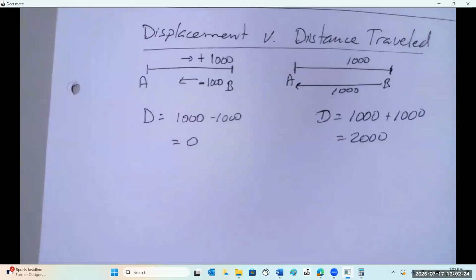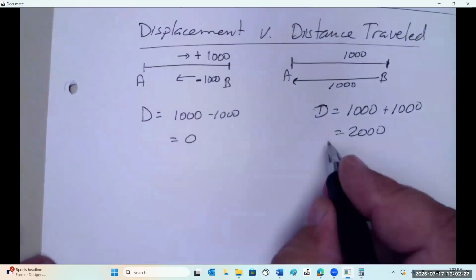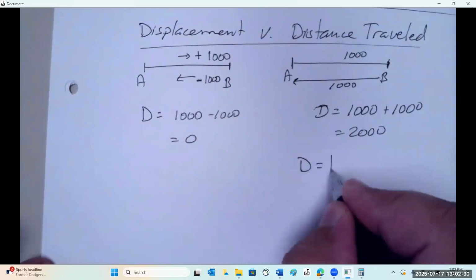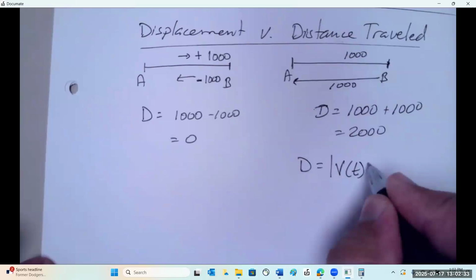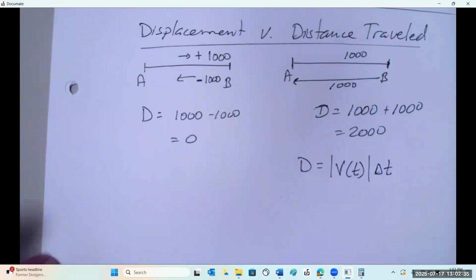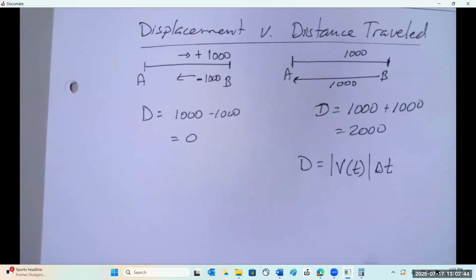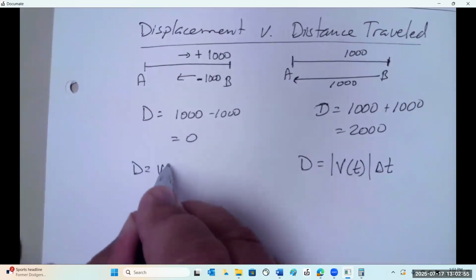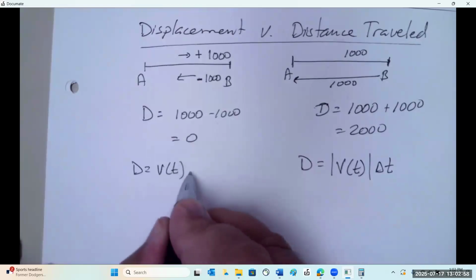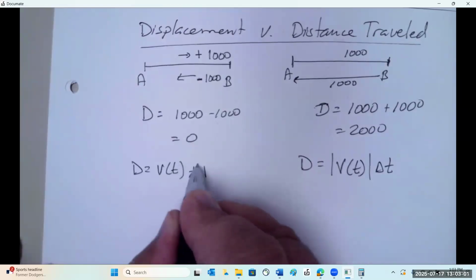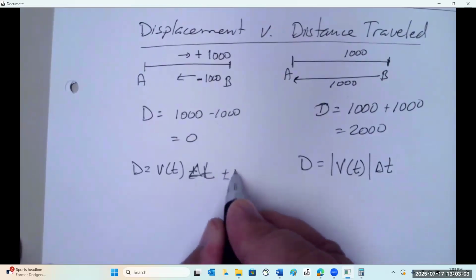So how do we figure this out? Distance traveled, you use the absolute value of the velocity. As opposed to this one, it's just delta t plus or minus the next one.